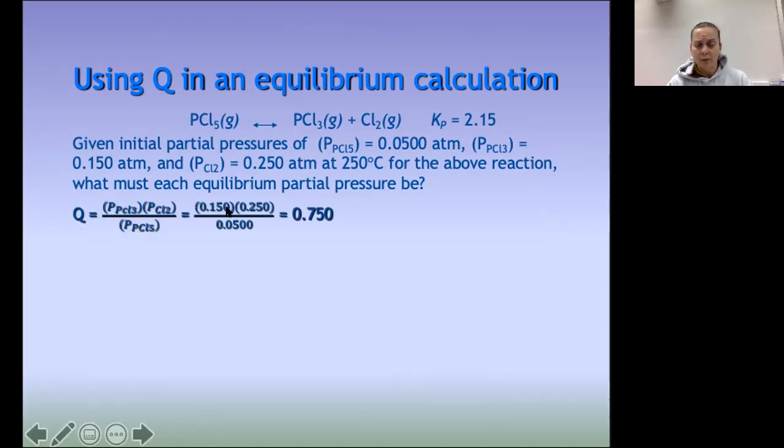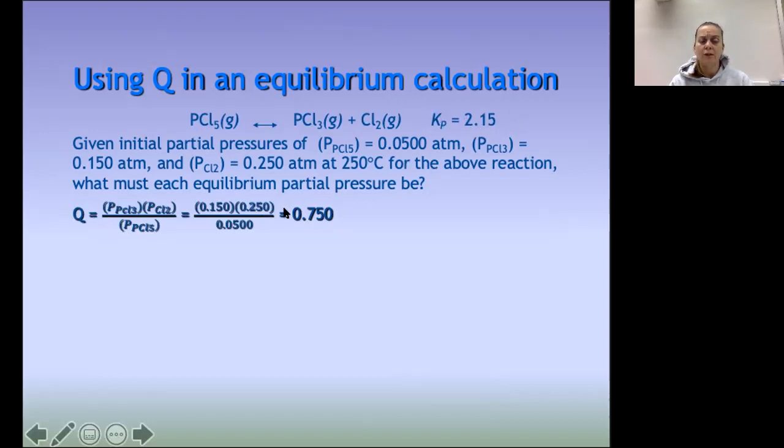And so we have 0.150 times 0.250 divided by 0.0500. And when we plug all those numbers in, we get that Q is 0.750. So Q is 0.75. Kp, we know, is 2.15.